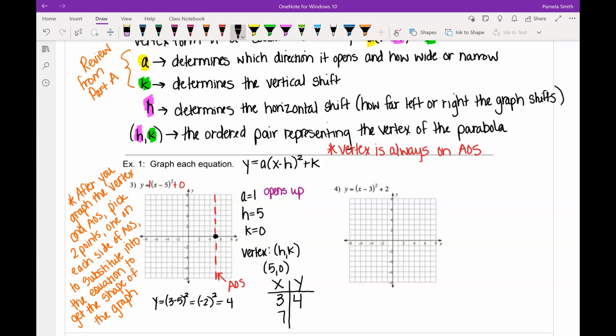Do the same thing for the 7. Y equals 7 minus 5 quantity squared, which gives me 2 squared, which is 4. So that does work out. I expected them to give me the same answer. So I graph 3, 4 and 7, 4. And now I have some points to help me with the shape of my graph.